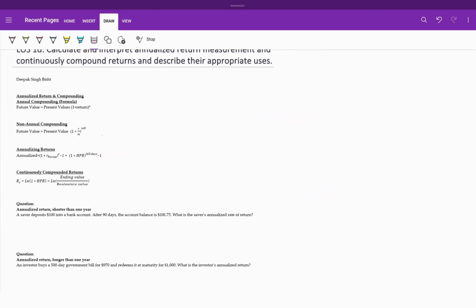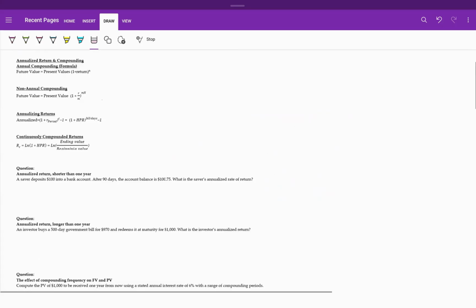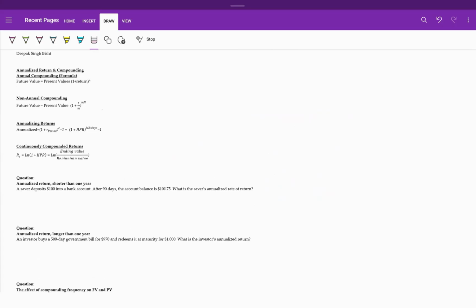There are annualized returns and returns for periods shorter than 1 year. What we have discussed here is annualized compounding and non-annualized compounding.